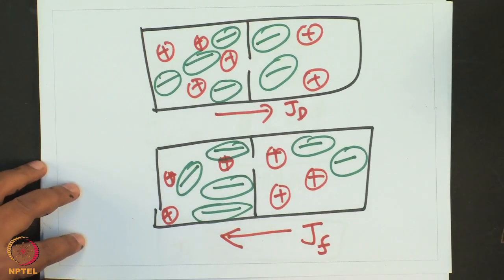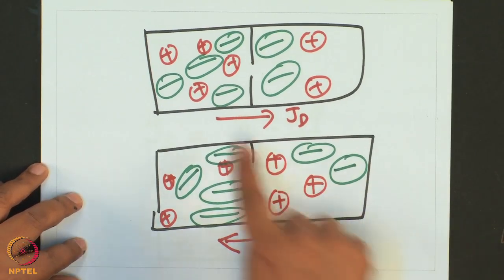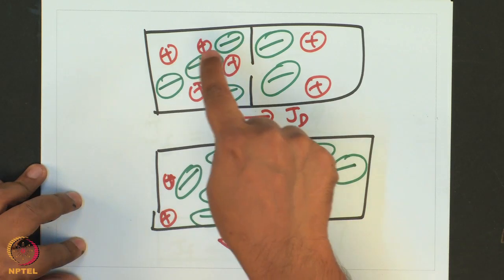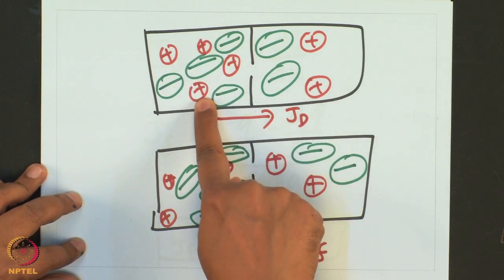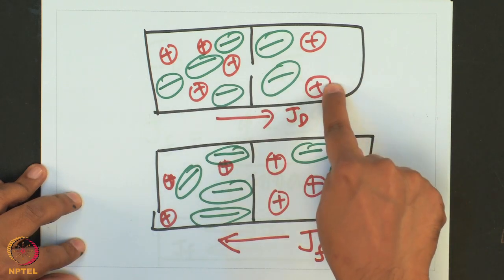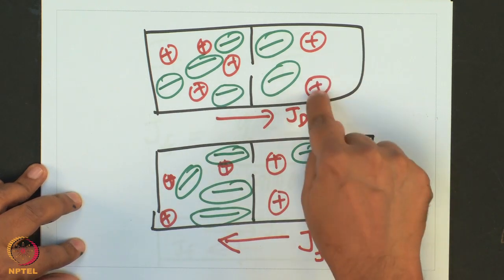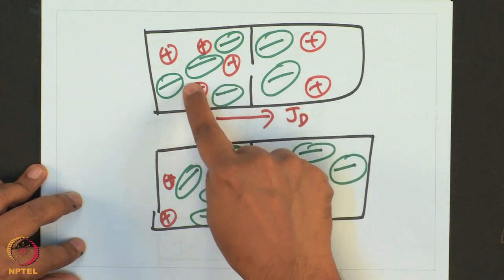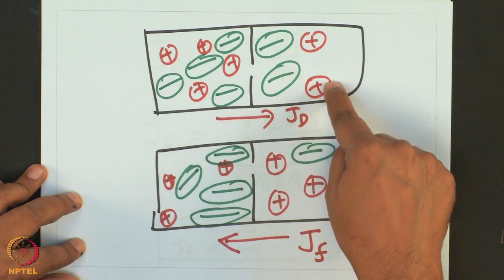But the idea is simple: there are two kinds of flows. When there are more positive ions on this side and fewer positive ions on this side, positive ions will flow from here to here.